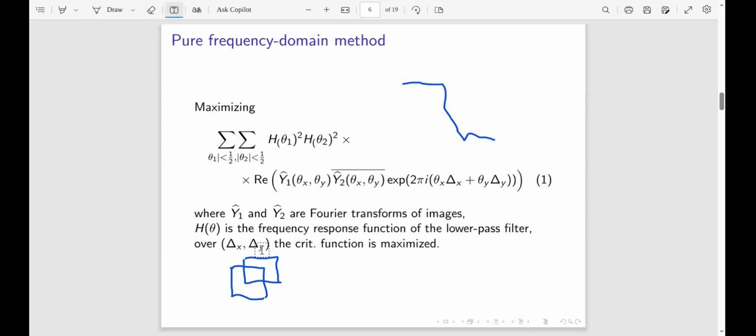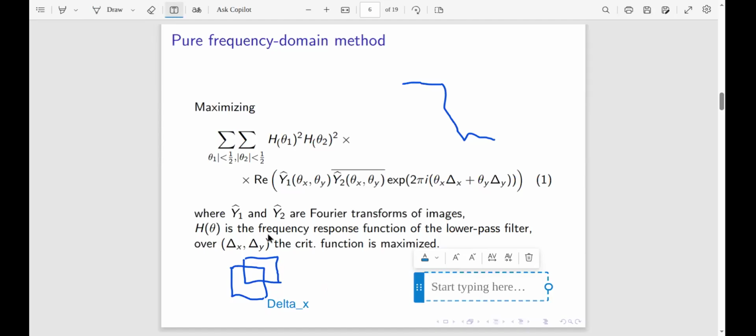So you are shifting, and then you always use the same low pass filter to smooth and see the maximization. Okay, it's complex. Yes, thank you.